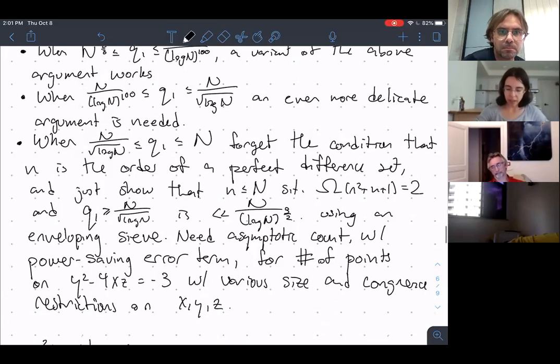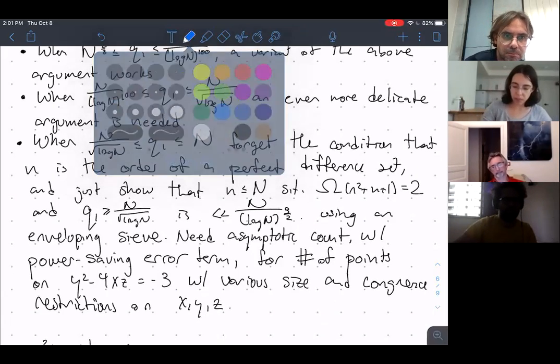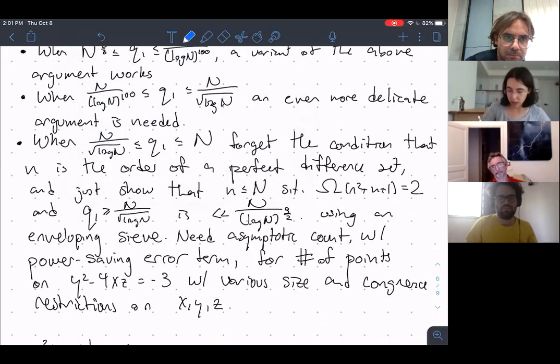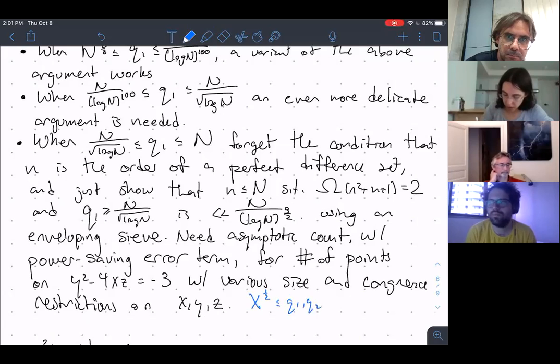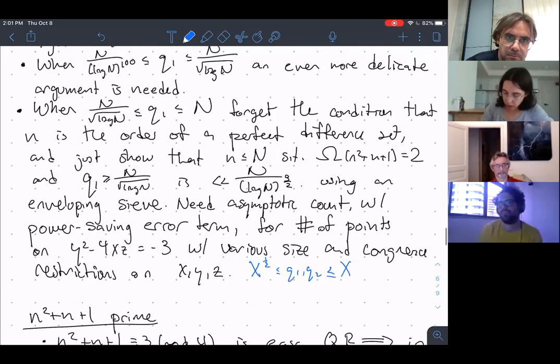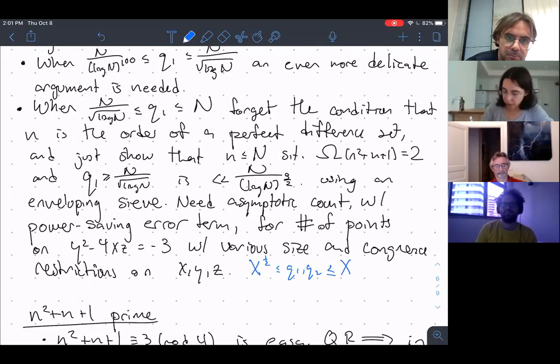In this kind of enveloping sieve thing, if you want to count the number of such n that n squared plus n plus 1 is the product of 2 primes, Q1 and Q2 between, let's say, x to the 1/2 and x, I think what I end up getting is that you save something like x divided by log x squared.